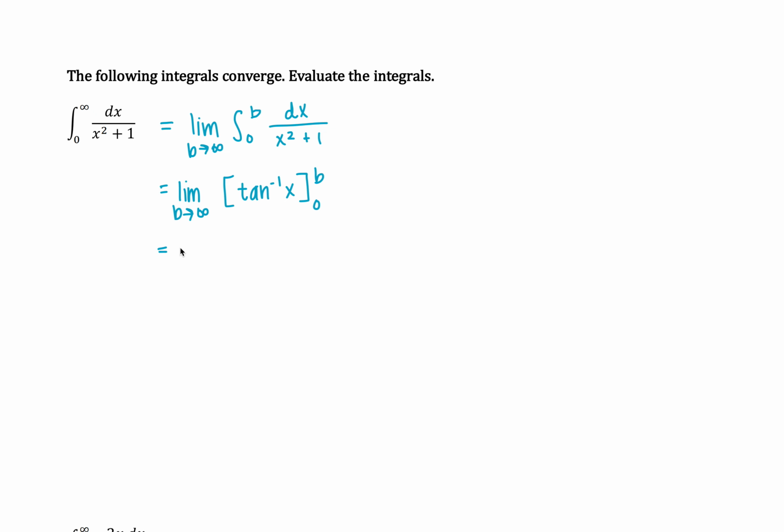So we've got the limit as b approaches infinity of inverse tangent of b minus inverse tangent of 0. Now, it may be helpful to look at a graph of the inverse tangent function, but as b goes to infinity, the upper limit of your y values for that function is going to be pi over 2.